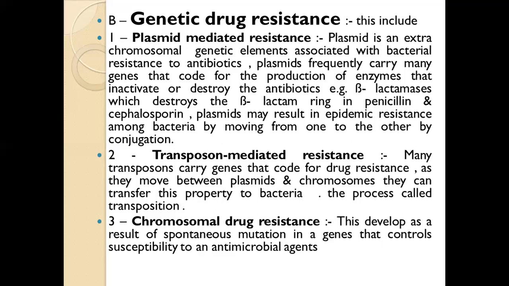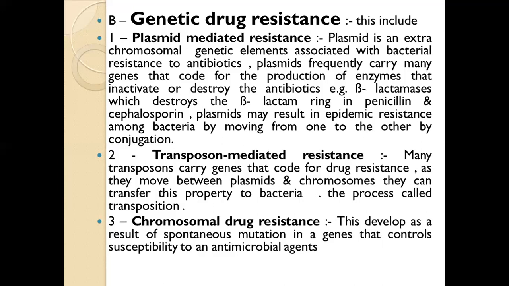A plasmid may also result in epidemic resistance among bacteria by moving from one to another by a process called conjugation. Conjugation between two bacteria helps in the transmission of genetic material, especially plasmids, from one bacterium to another.